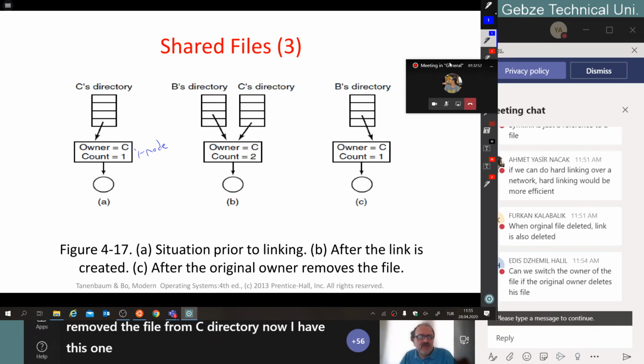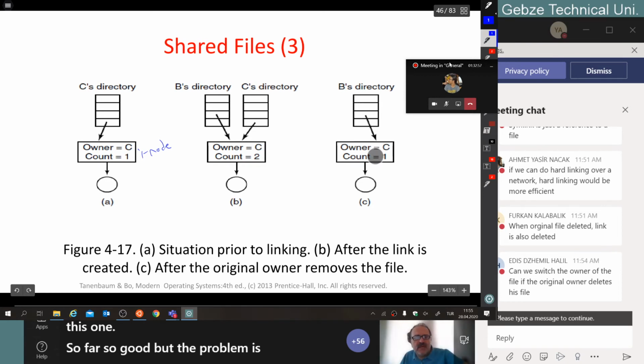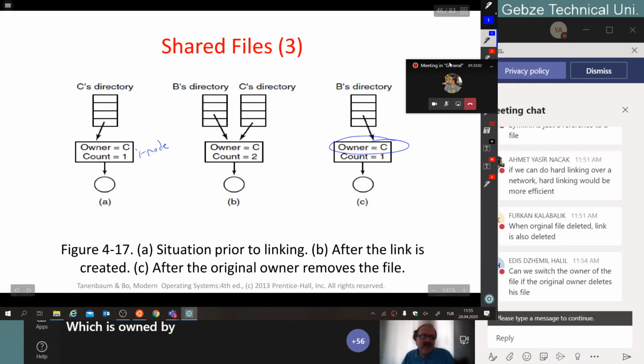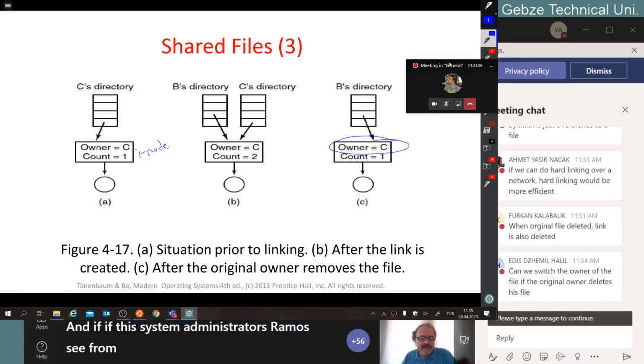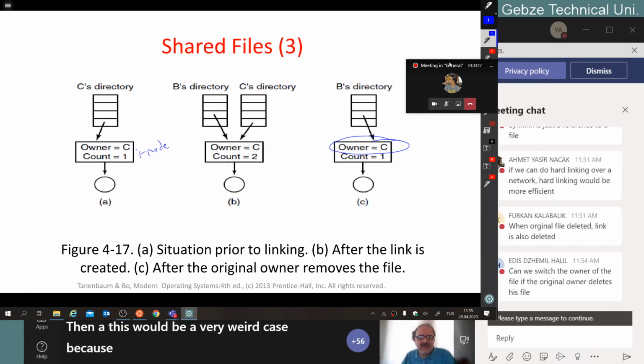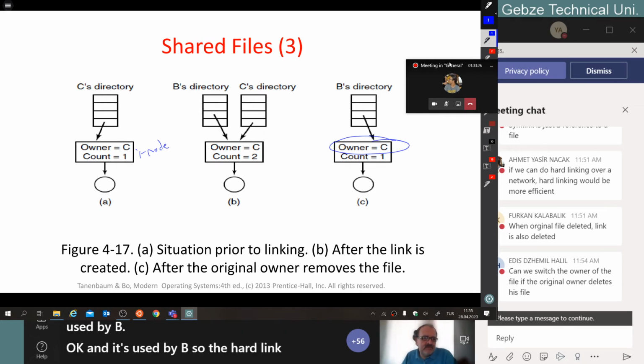So far so good, but the problem is B is now pointing to an inode which is owned by C. And if the system administrator removes C from the whole system, then this would be a very weird case, because there is a file owned by somebody that doesn't belong to the system, and it is used by B. So hard linking has some other problems too.